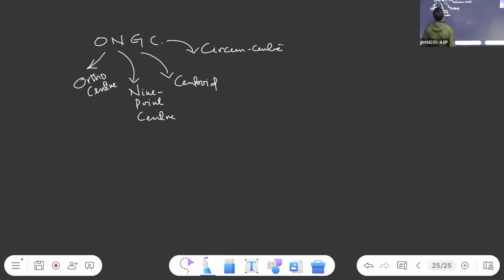Write down the ONGC formula. It is very important from the JEE point of view.